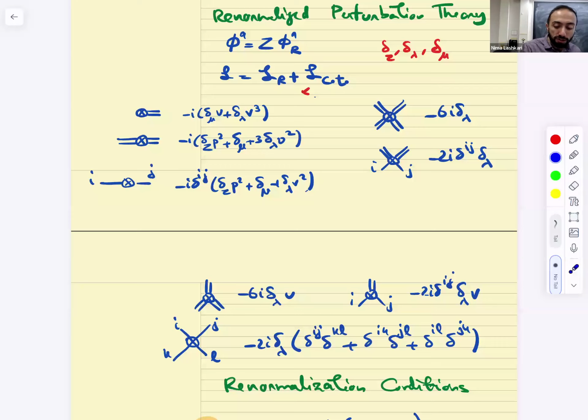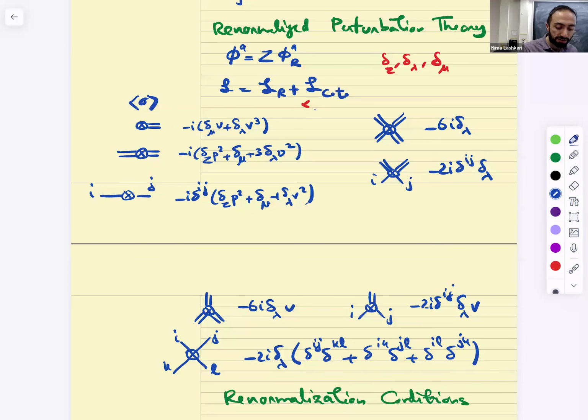This corresponds to a 1-point function of sigma, right? Why don't I have this counter term? Because that would mean that the pi i's have 1-point functions, but I said pi i's do not have 1-point functions.